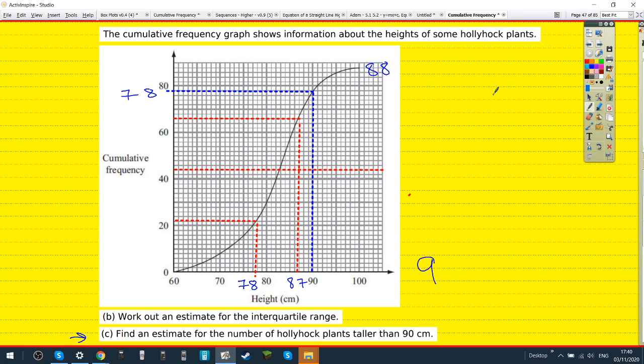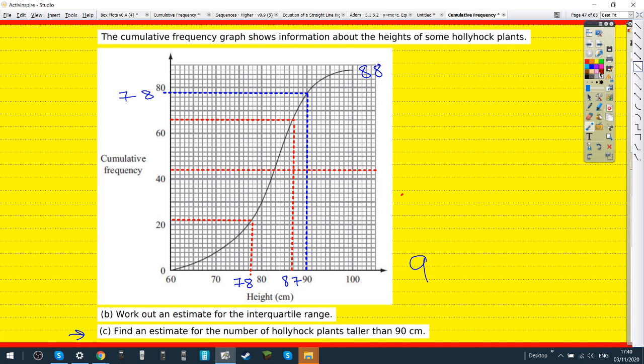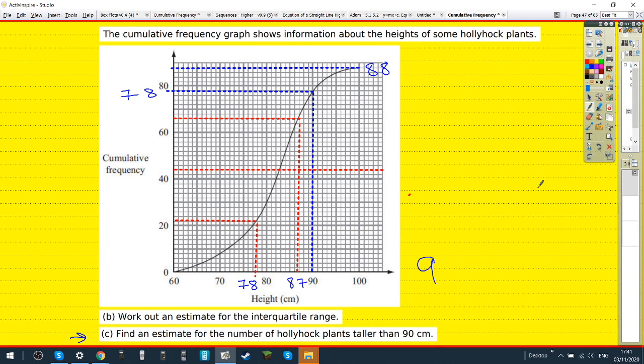How many are taller than 90 centimeters? None. Why'd you say that? Oh no, sorry, I got it wrong. I thought it was for the cumulative frequency, but it's not.